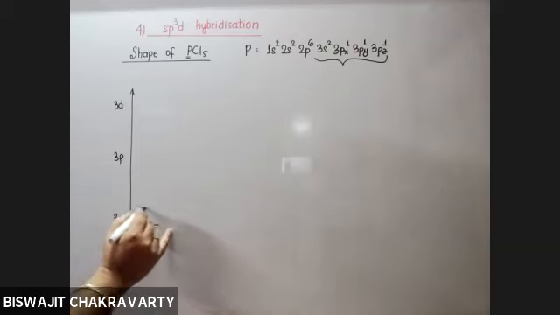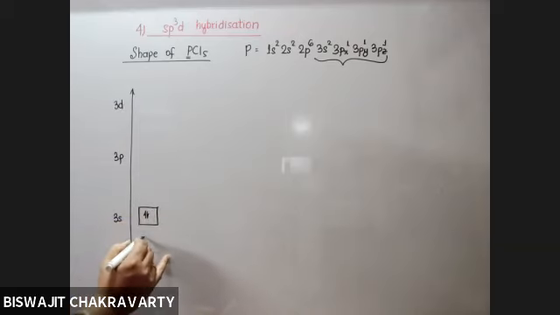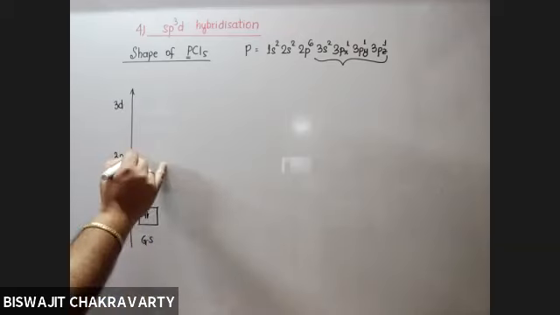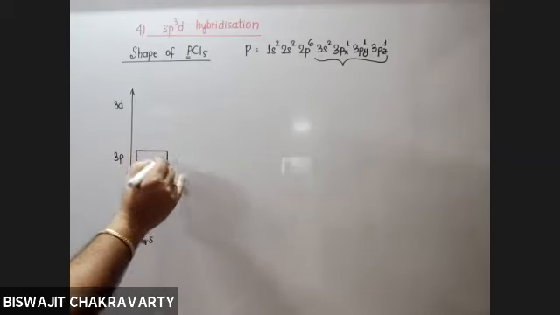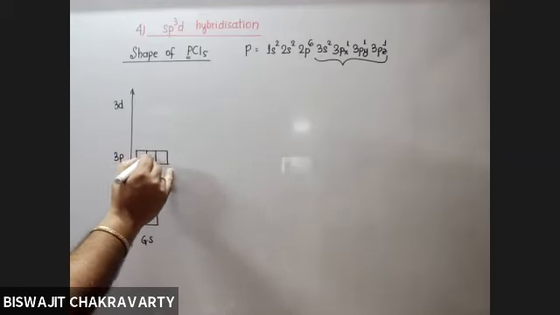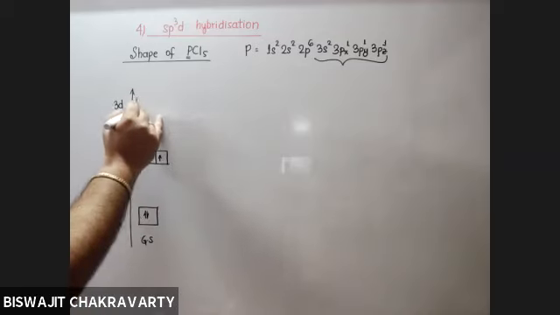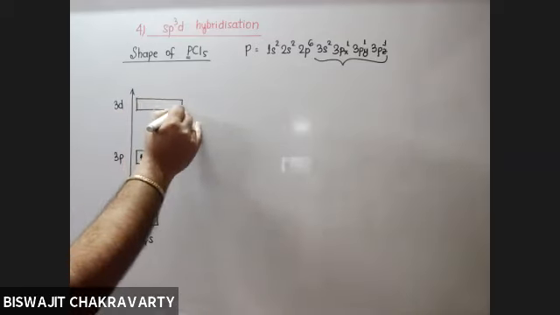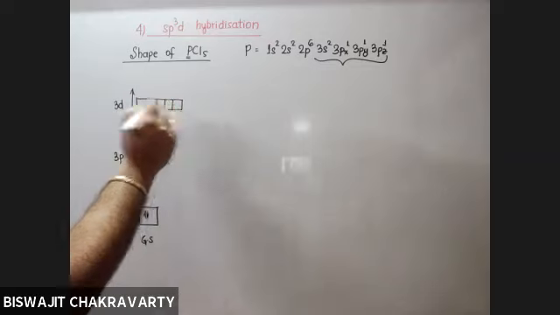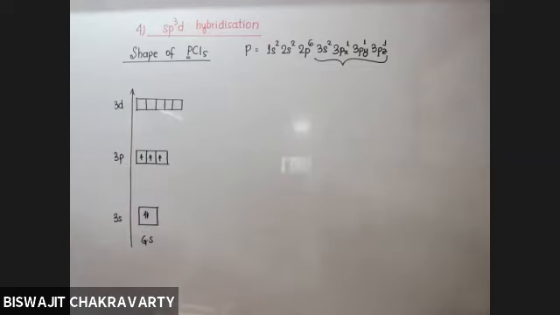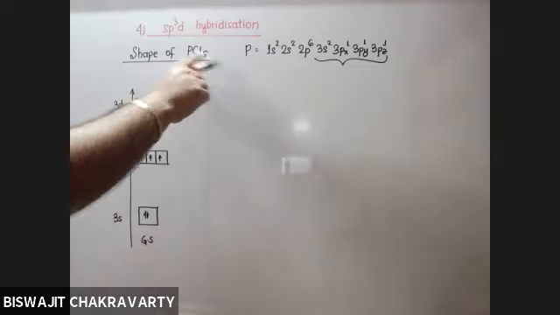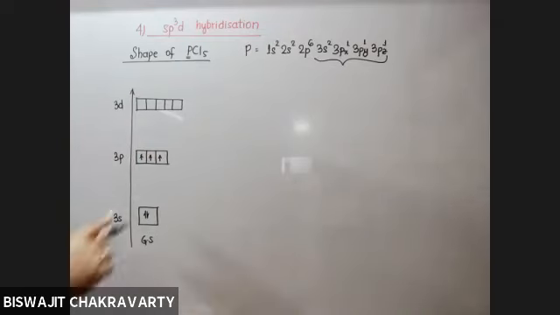The ground state electronic configuration of phosphorus is 3s2, 3p3. So 3d in the ground state is vacant. But the valency of phosphorus is 5, while the ground state configuration shows only 3 unpaired electrons.